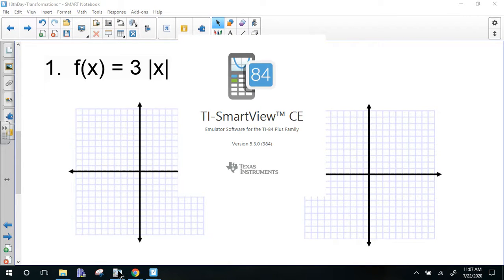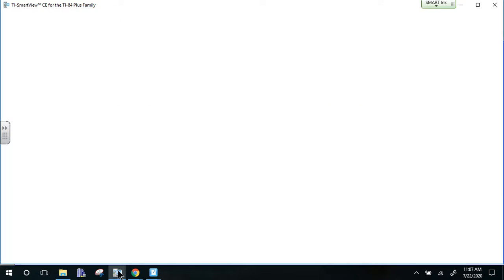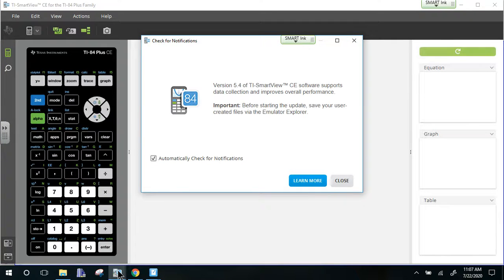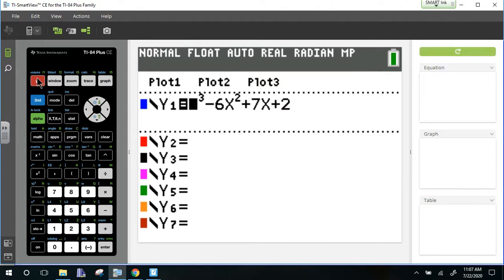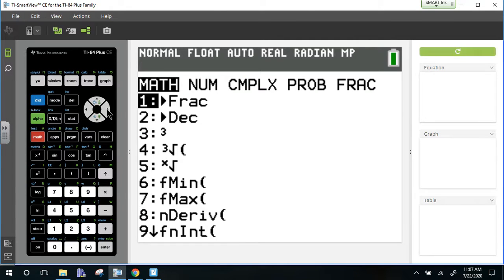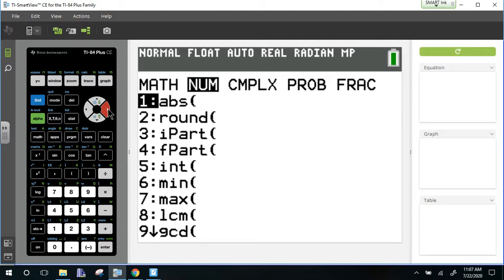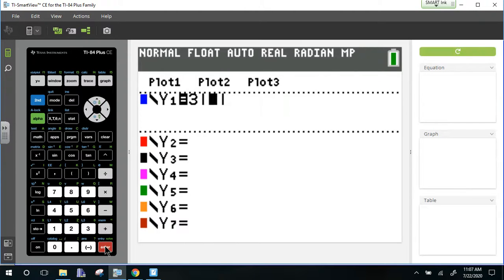Bring the calculator up here. So I'm going to graph 3 absolute value of x.